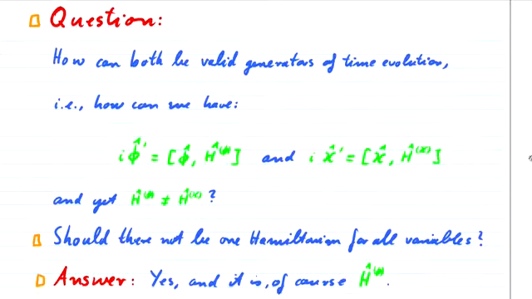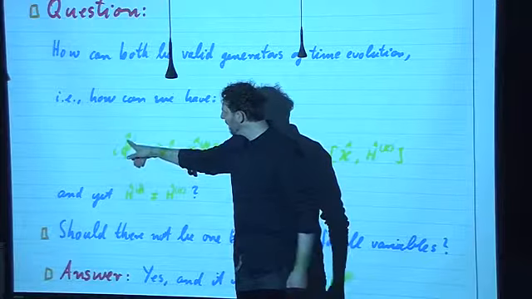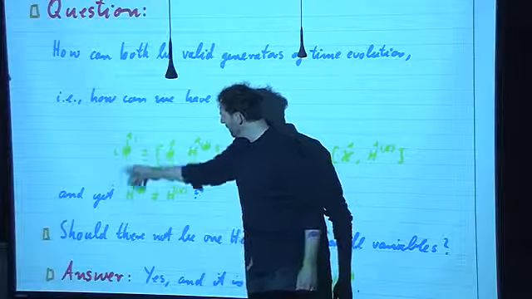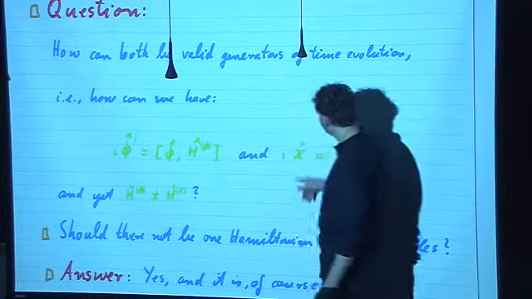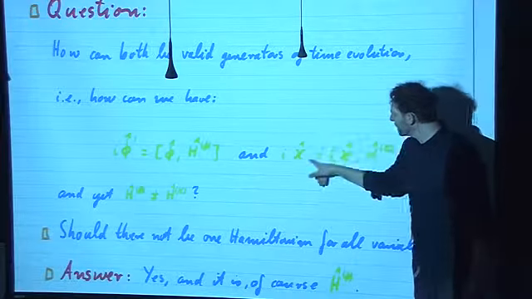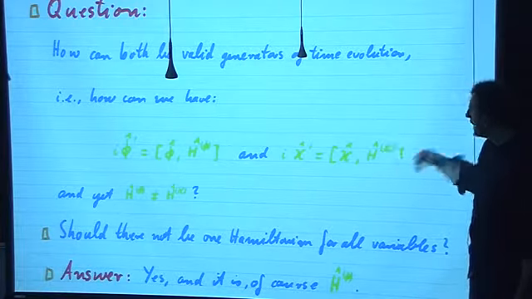So first of all, how can both be valid generators of time evolution? Keeping in mind that they will both be valid generators of time evolution by construction. The Legendre transform will not fail us. So how can it be that the time evolution of phi, so phi prime, is the commutator of phi with h phi, and the time derivative of chi is the commutator of chi with h chi?